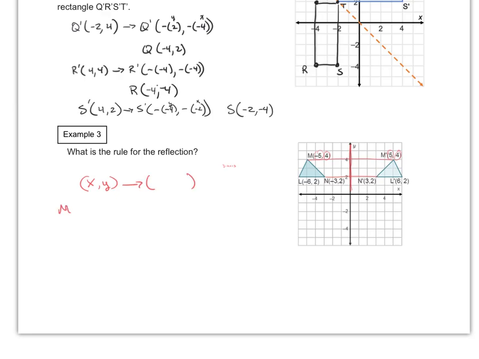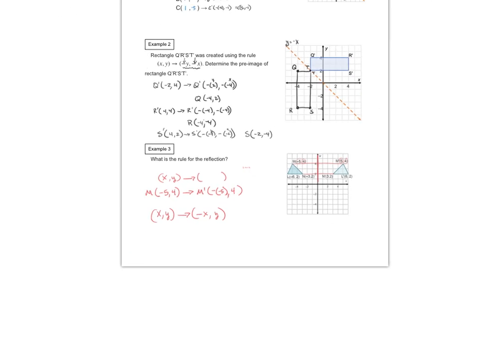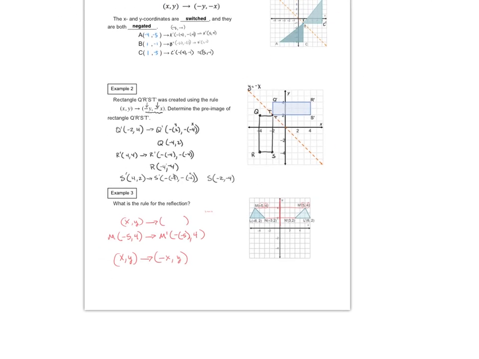My M is -5, 4, and then my M prime is 5, 4. The 4 remained the same, and I just have a change in the x sign. So my xy mapped to -xy. That's what actually changed. Of course we'll do some more of these, but it's a matter of picturing what's going on and making sure we can work through it and talk about it.